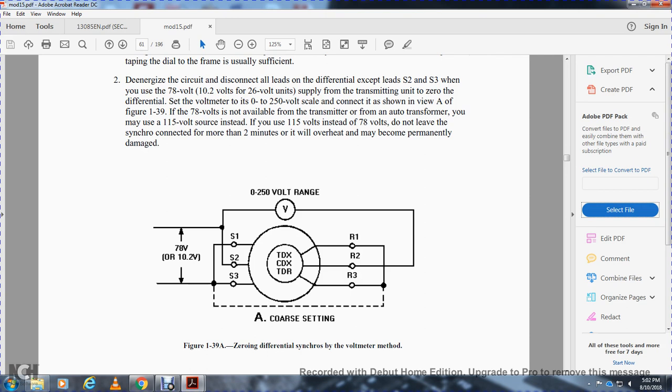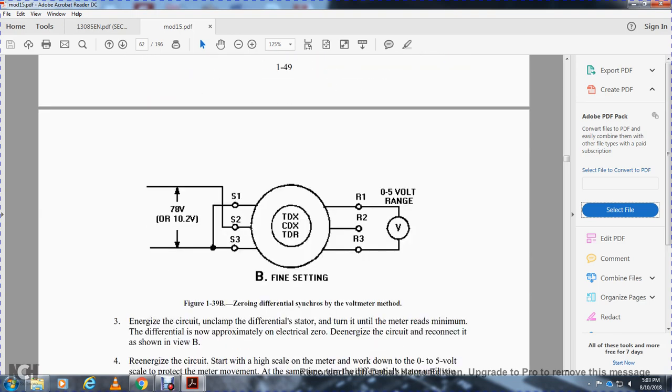Alright, this says 78 volts at 2.10 volts are on two different parallel circuits. The standard course setting is between stator 1 and stator 2 onto rotor 1, 2, and 3. Stator 2 is on a circuit with rotor 2 of the torque differential transmitter, the control differential transmitter, and the torque differential receiver.